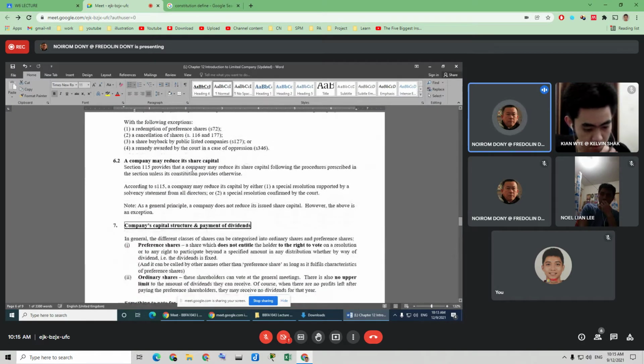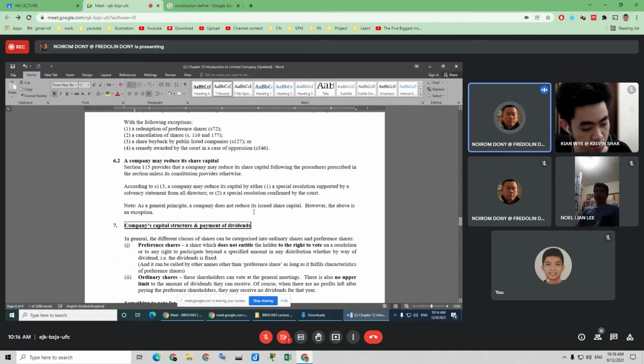Now, company may reduce its share capital. Section 115 provides that the company may reduce its share capital following the procedure prescribed in the section unless its constitution provides otherwise. So if you have a company and you want to reduce the share capital, this is the procedure that you need to follow.